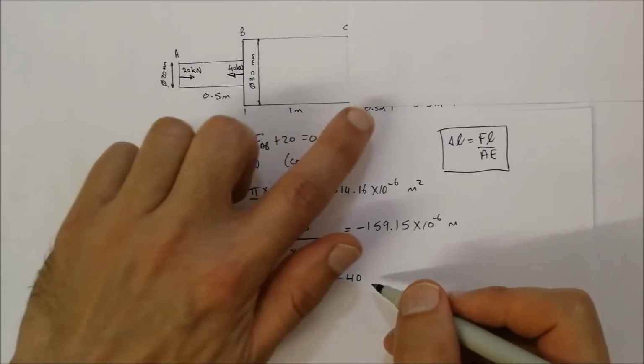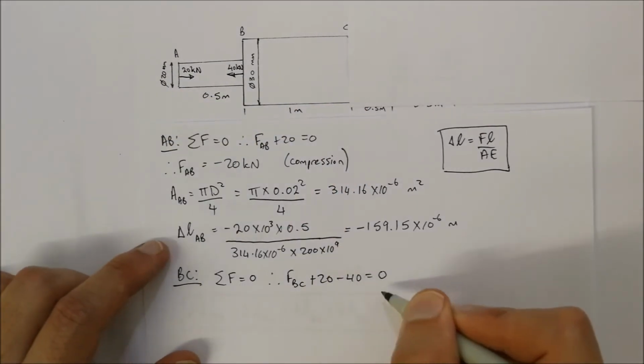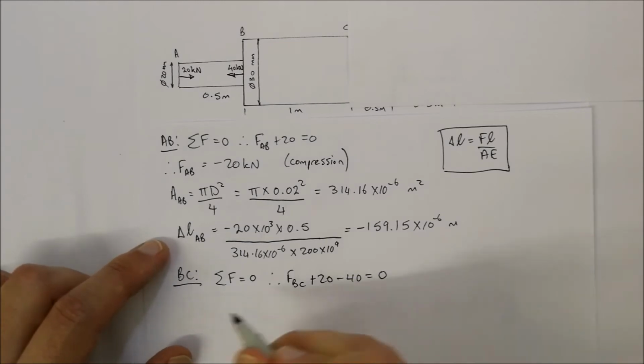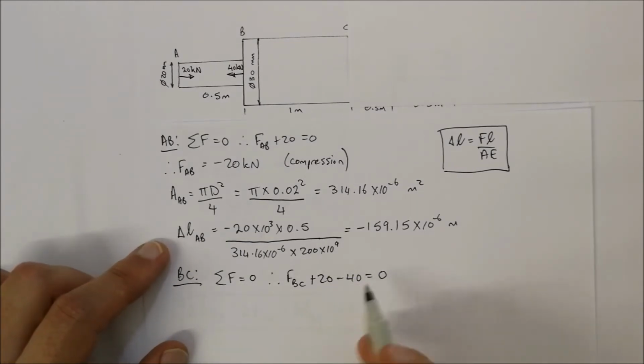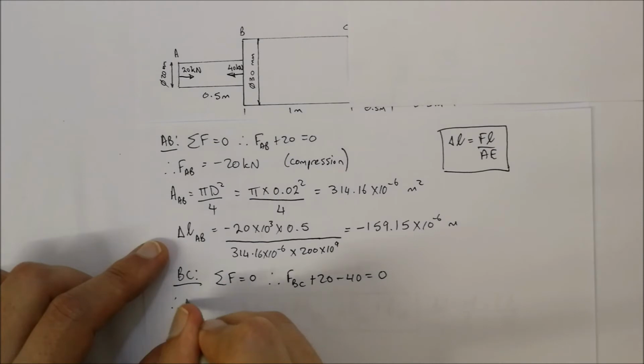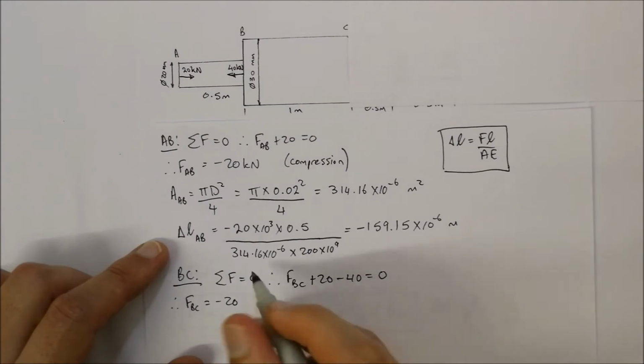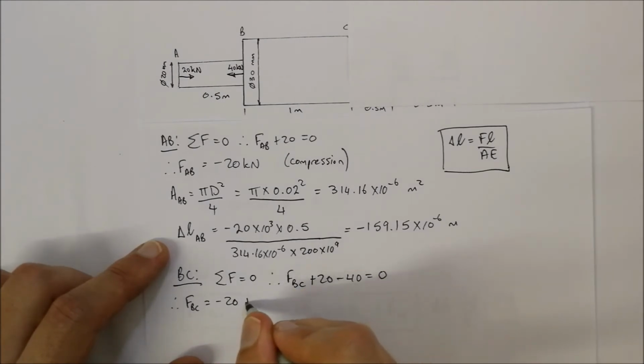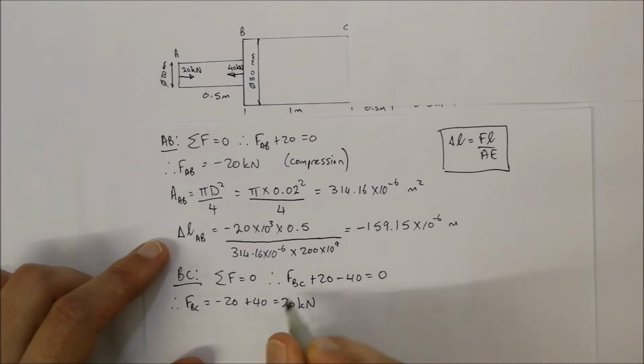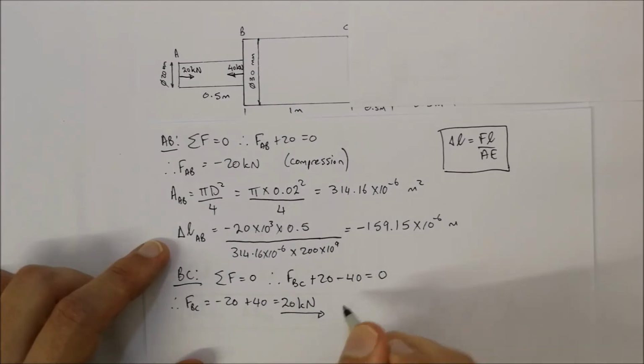We don't see any other forces over there. That's equal to 0. So now make FBC the subject of the formula. Therefore, FBC is equal to minus 20 plus 40, and that's equal to 20 kilonewtons. It's a positive value, so therefore it means it is tensile.